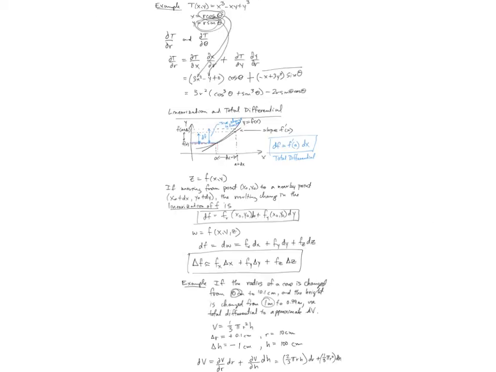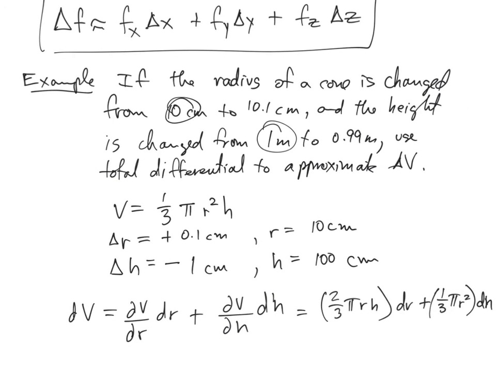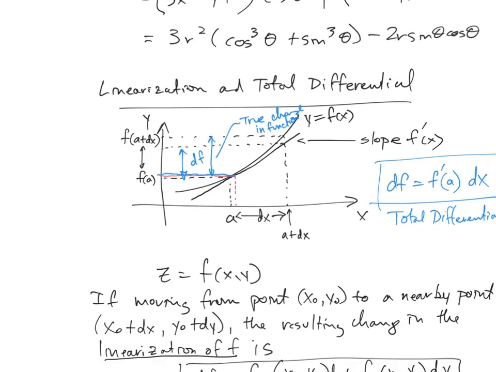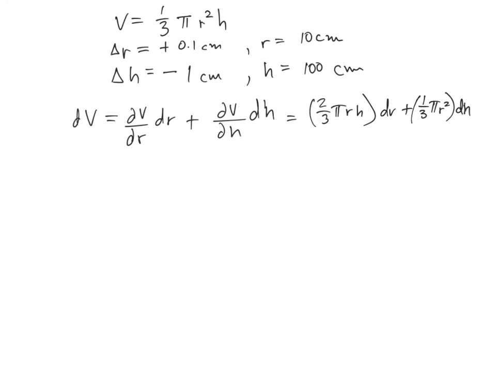Okay, well now we put in our numbers. We're finding the slope of this function at an r value of 10 centimeters and an h value of 100 centimeters.